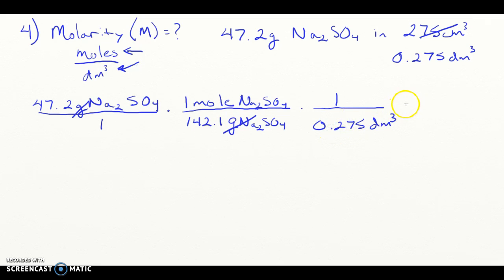Now we take our moles and divide by our decimeters cubed, and we should get an answer of 1.21 molar. Let's see. We take our 47.2, divide it by 142.1, and then divide it by 0.275, and I get 1.207856 and so forth.